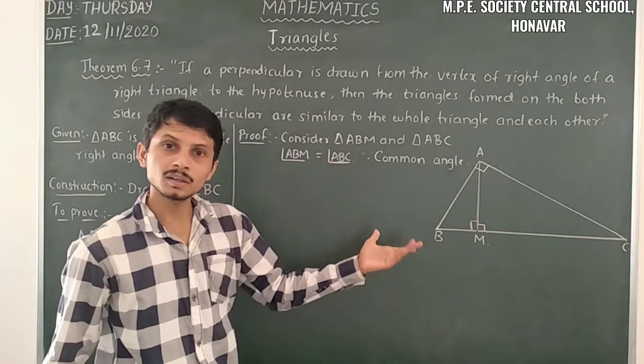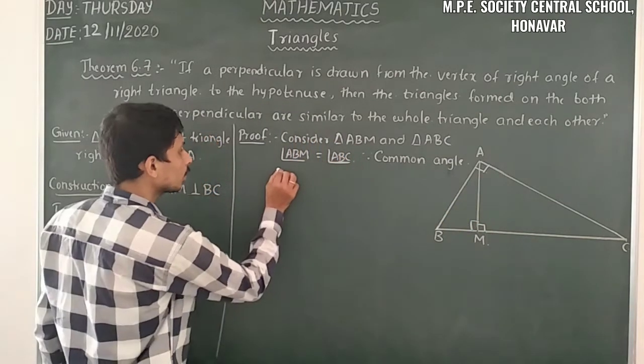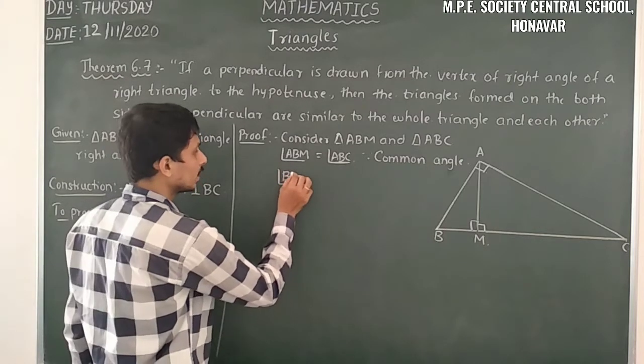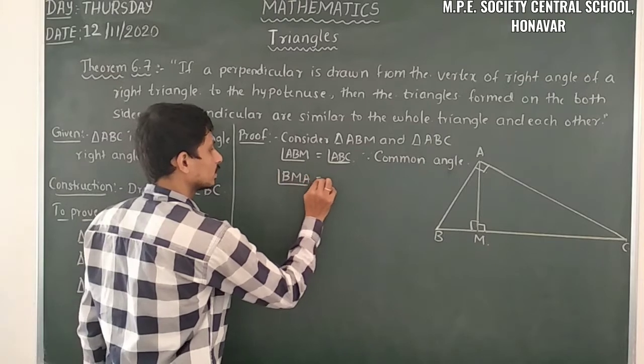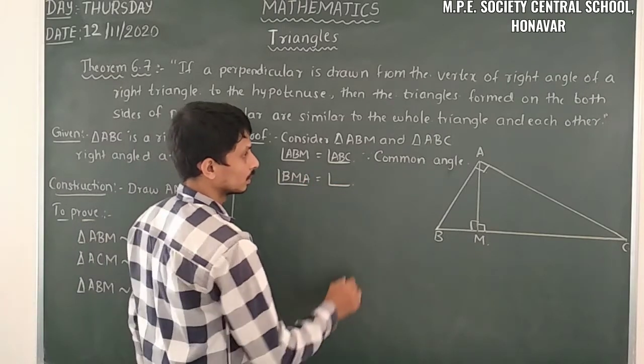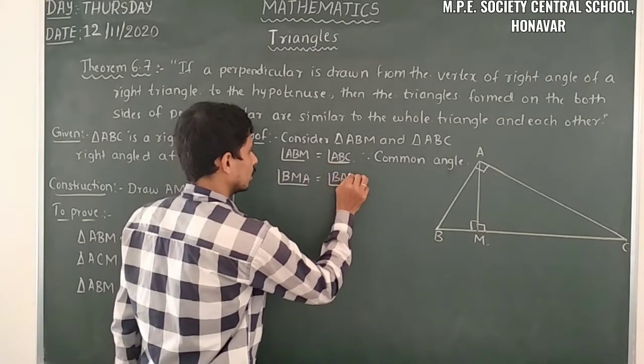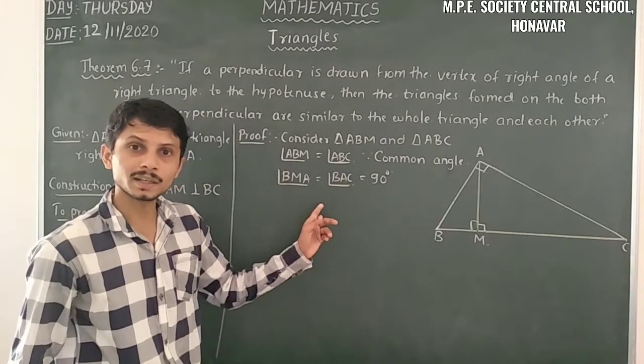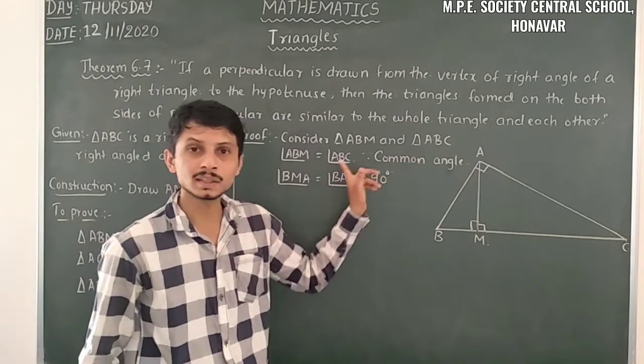So both are equal? Yes, obviously. So I will take angle BMA is equal to angle BAC is equal to 90 degrees. So from the AA similarity criterion we can take those two triangles are similar.